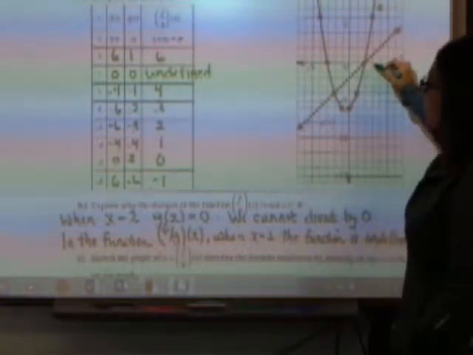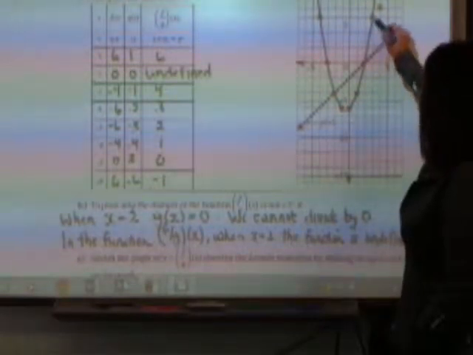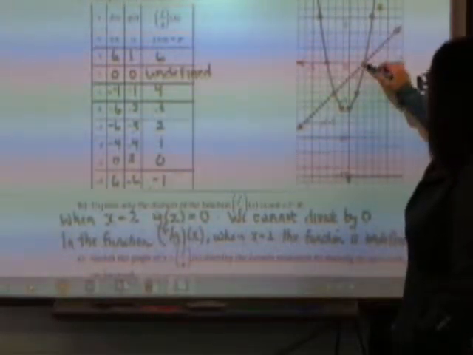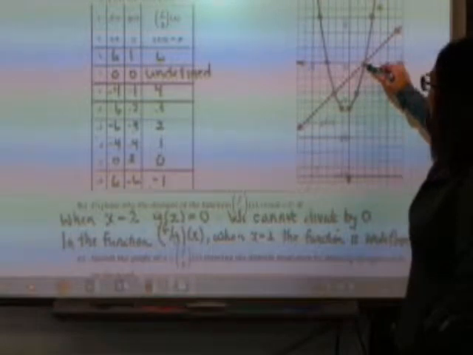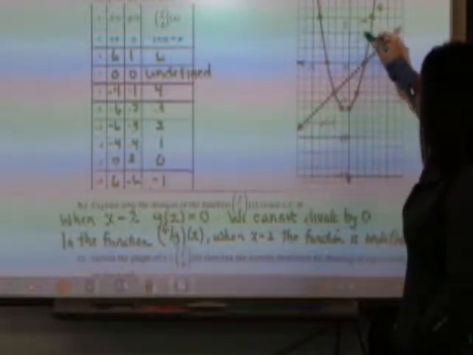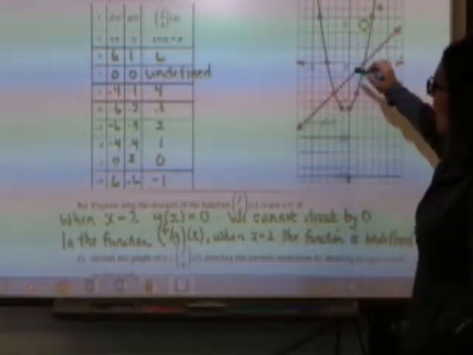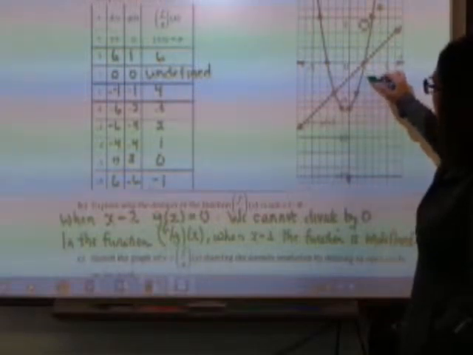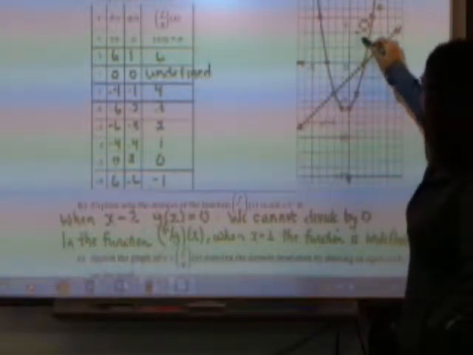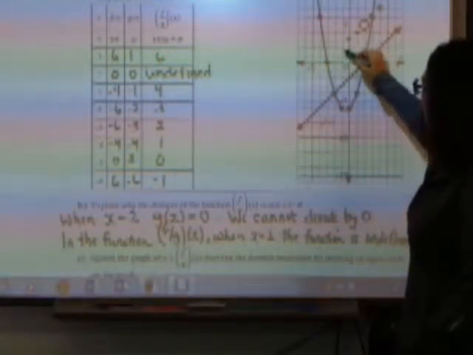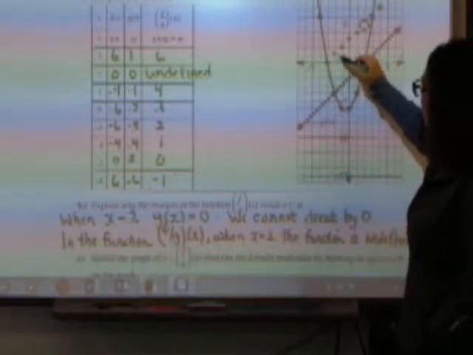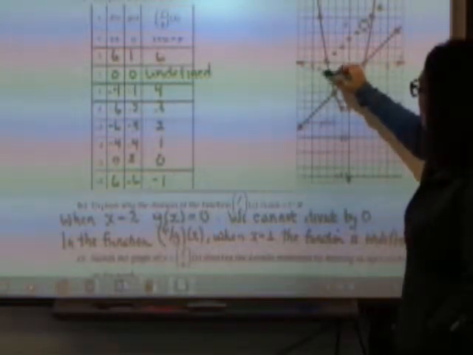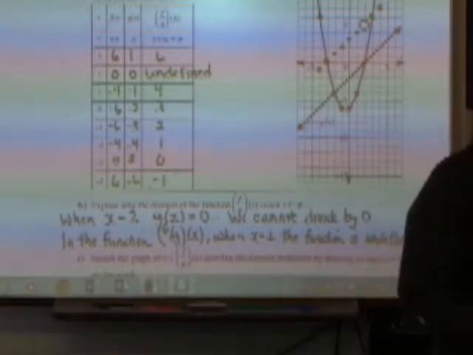When x equals 3, it's equal to 6. When x equals 2, it's open. That's where I put the open circle in. When x equals 1, I've got 4, 3, 2, 1, 0, and negative 1.